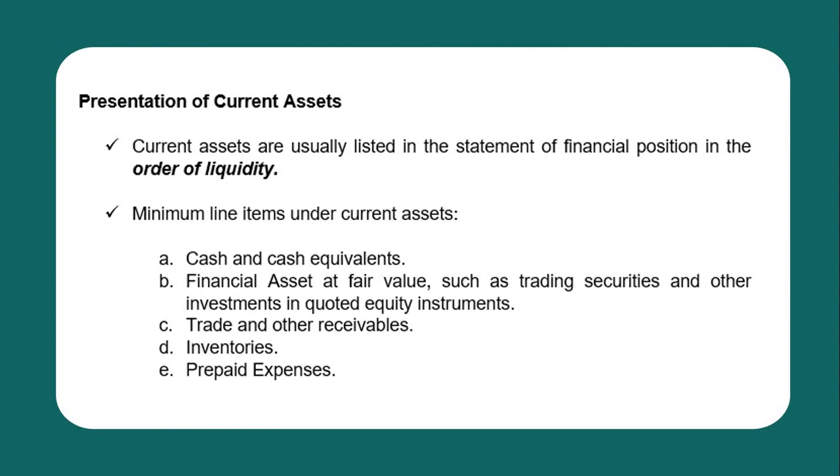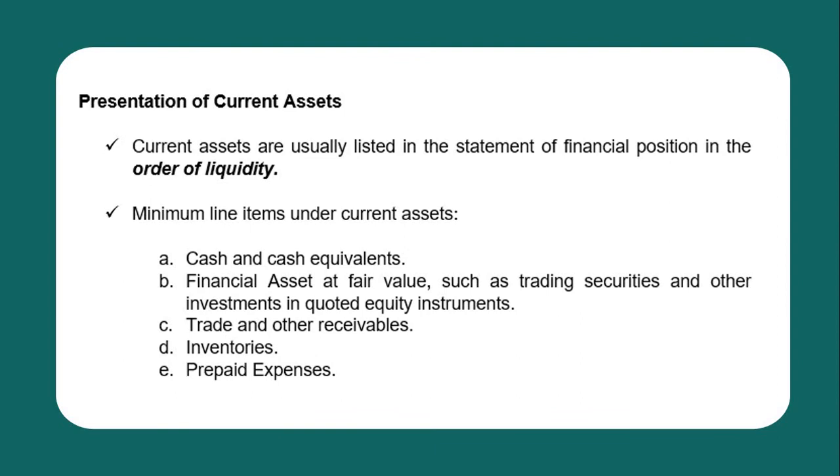So, what are those? We have cash and cash equivalents. So, cash and cash equivalents is the group of the cash in bank, cash on hand, mga marketable securities. Isa na sila ka-grupo, i-group na siya into one minimum line item. Next, financial assets at fair value such as trading securities and other investment in quoted equity instruments.